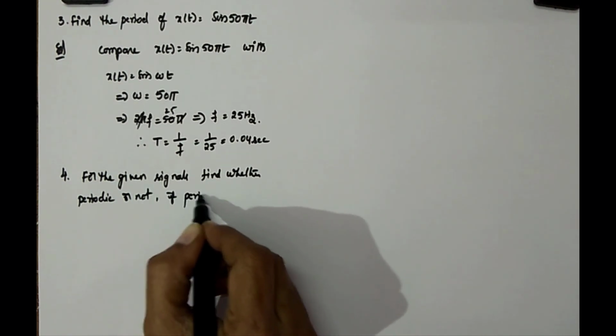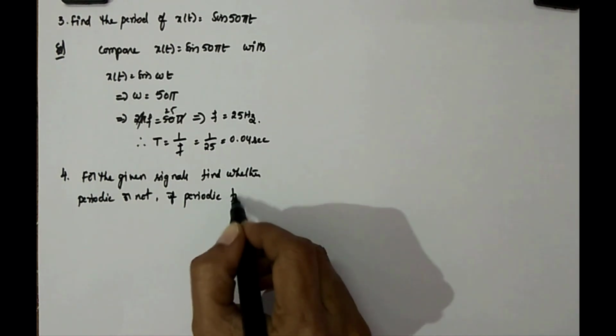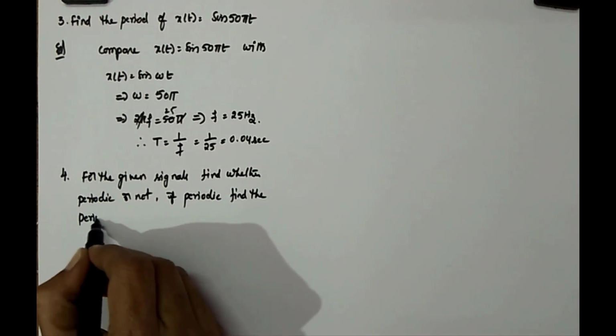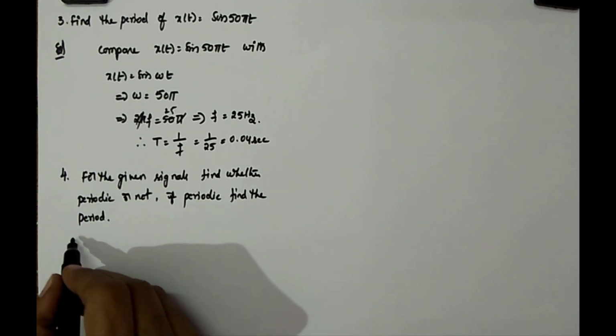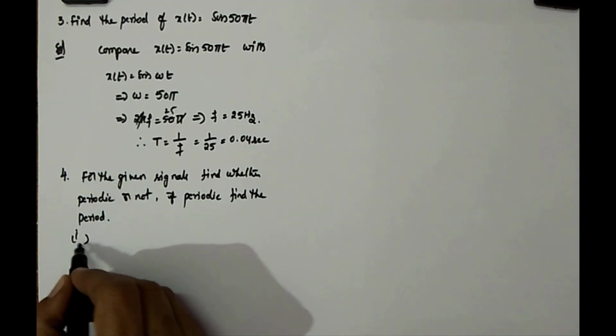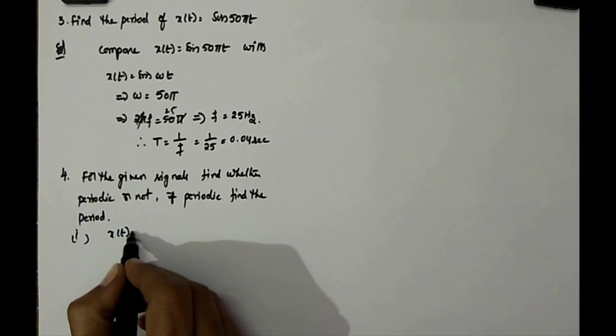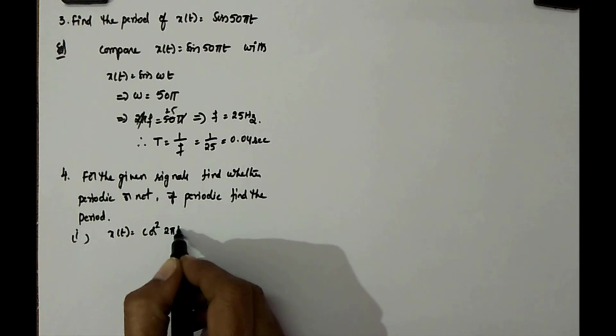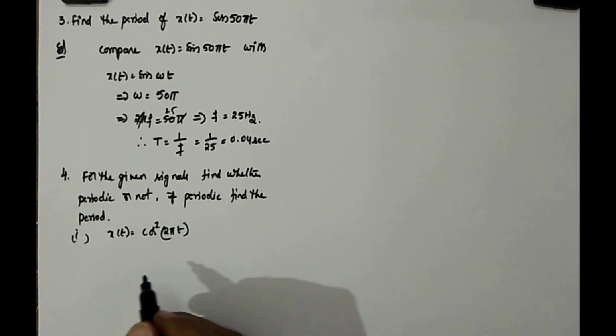If periodic, find the period. Under this, the first problem is x of t equal to cos square 2 pi t. Take it as the first problem.